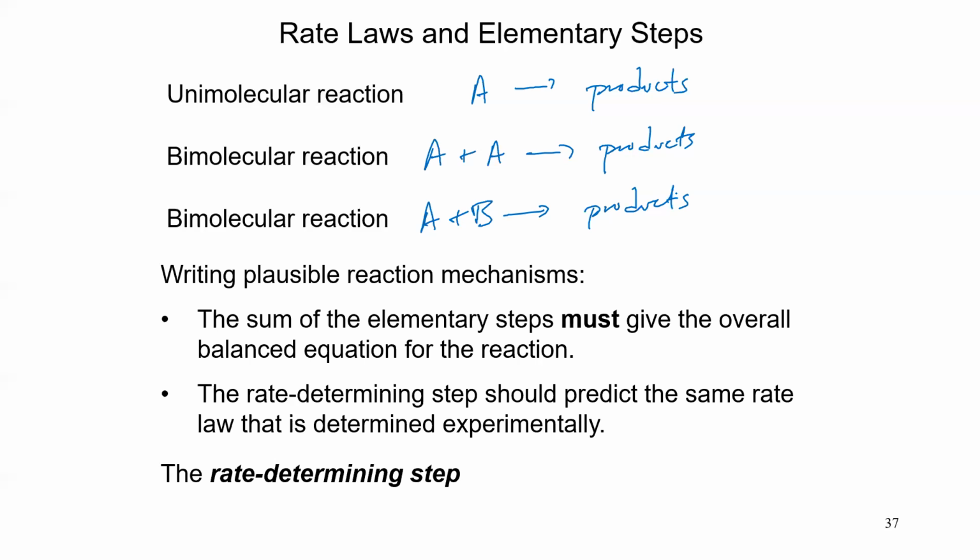Your chain is only as strong as its weakest link. Same thing, a reaction is only as fast as its slowest elementary step. And so the rate determining step is the slowest elementary step in a reaction mechanism.